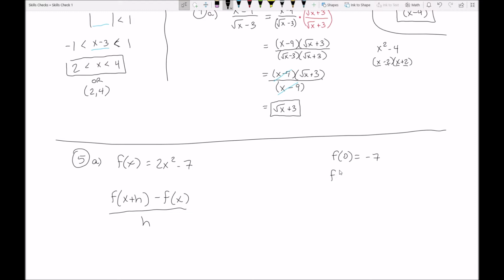And you do the same thing if I said, well, what happens when you plug in 2? Right? You'd say, okay, well, plug 2 in. So that's 2 squared, that's 4. 4 times 2 is 8. 8 minus 7, 1, right? You can get a result. Well, notice, what if I said, plug in a value called a? Well, you would just go wherever the x used to be, and you would just plug in that value.